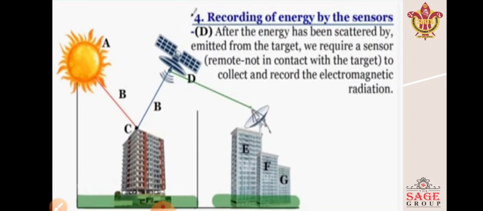To understand the sensors, we will go through them in the next class. For now, a passive sensor needs an energy source like the sun, and an active sensor has its own signal or own source for remote sensing.